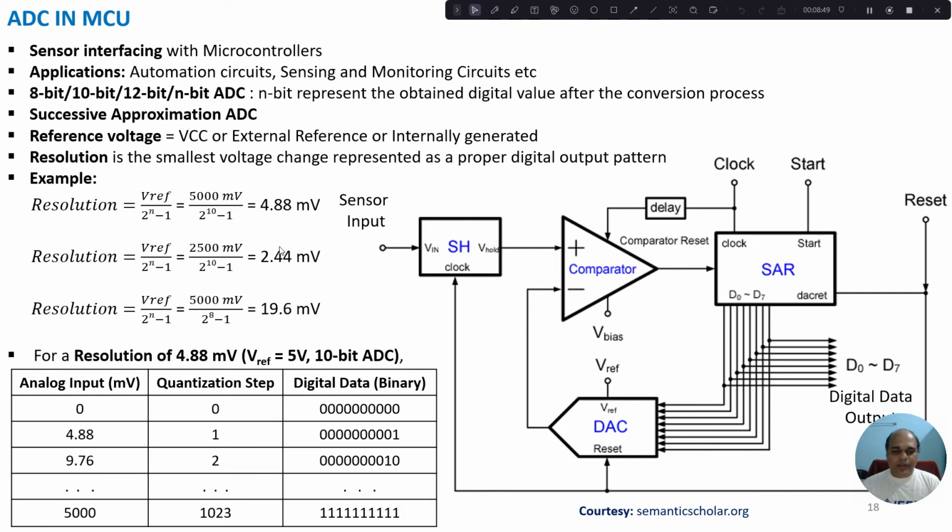In that case, the first binary value is 10 zeros for 0, and the next binary value, 9 zeros and 1, is for the resolution of 2.44 millivolt. So here we can have a higher resolution. Even a smaller voltage is represented properly in the binary bit pattern. So if I want a higher resolution, it is better to change the reference voltage for your ADC.